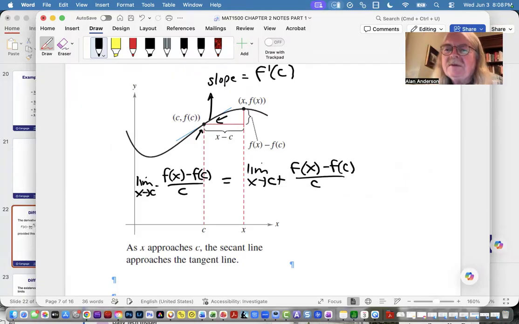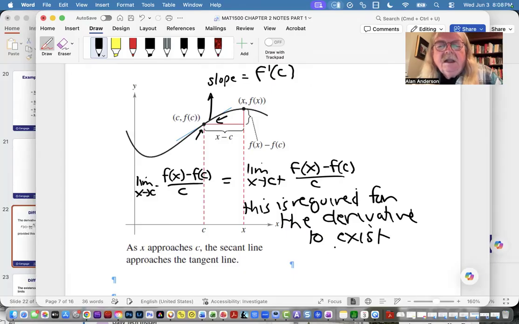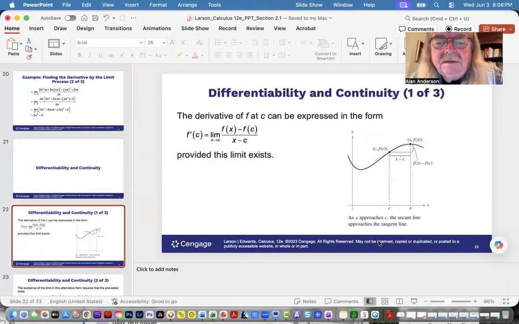Otherwise, we have a problem. It would mean that the derivative does not exist at that point C. Okay.